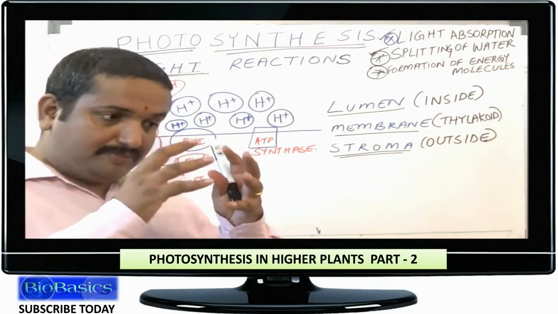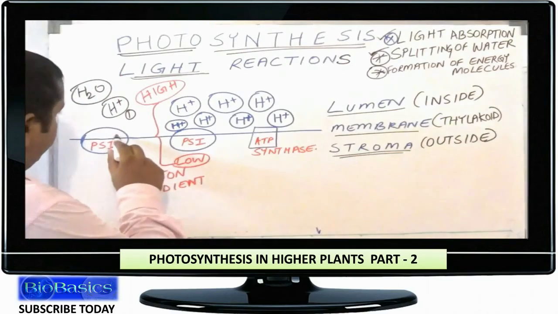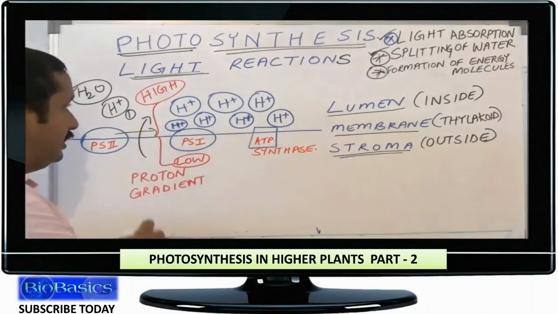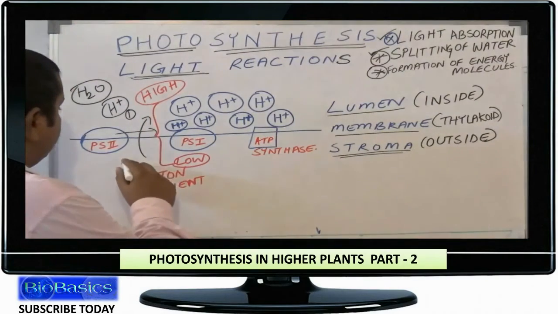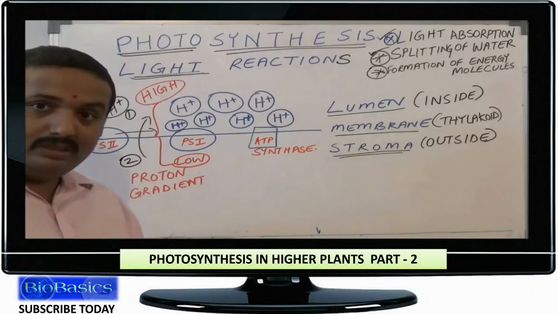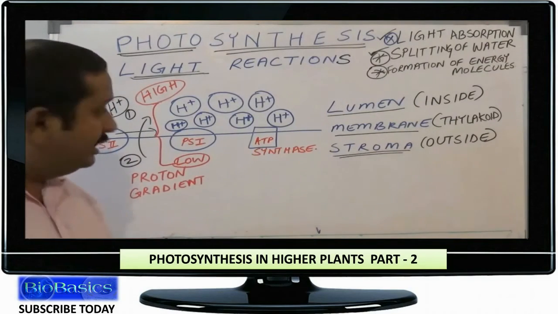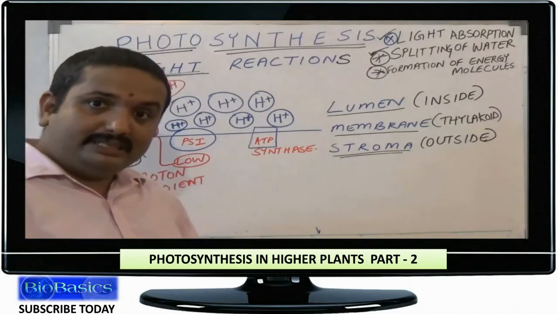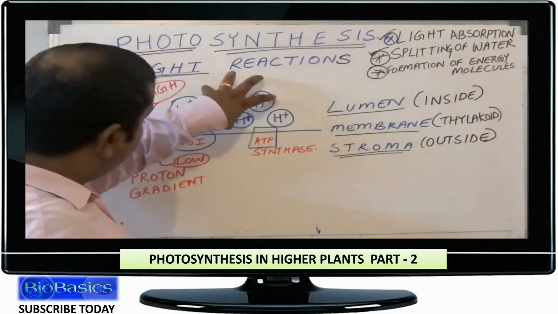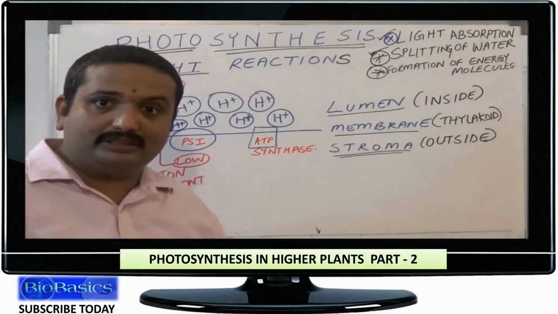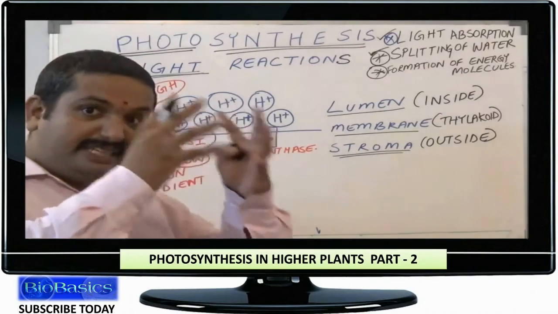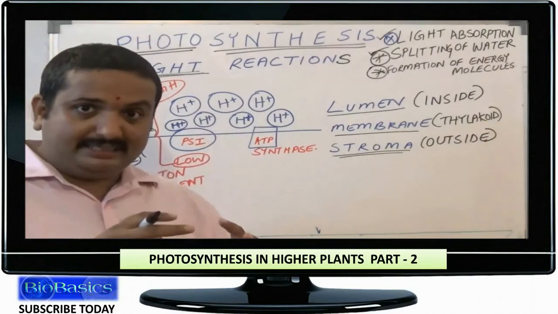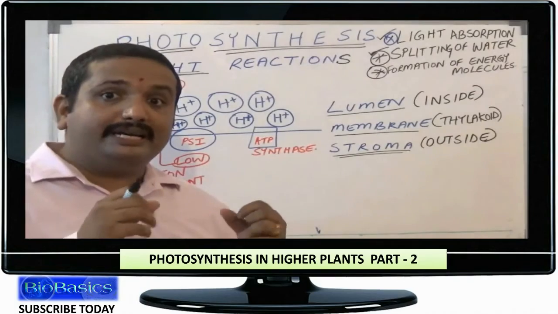Exactly when an electron acceptor molecule is trying to transport an electron across, what will happen? There is an exchange of protons taking place from the outside to the inside, and that is another source of protons. And what is happening here exactly? At the exact surface of the thylakoid membrane, there is going to be an accumulation of H plus ions. This is going to increase in concentration, and what that creates is called a proton gradient.